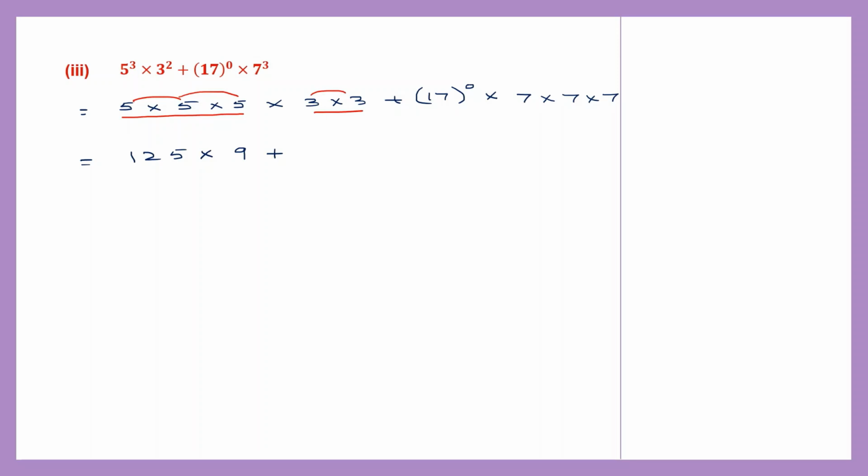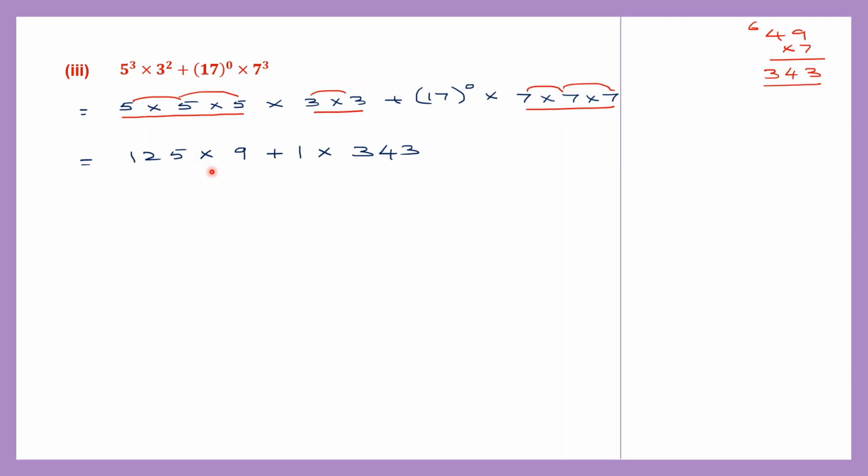Now anything raised to the power of 0 is equal to 1 into, now let's multiply this. 7 7s are 49. 49 into 7 is how much? 49 into 7. 7 9s are 63, carry 6. 7 4s are 28 plus 6 is 34. 343. So this is 343.